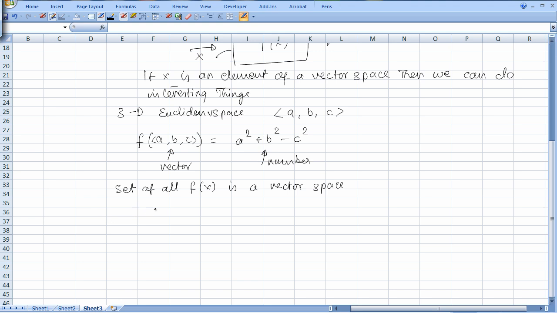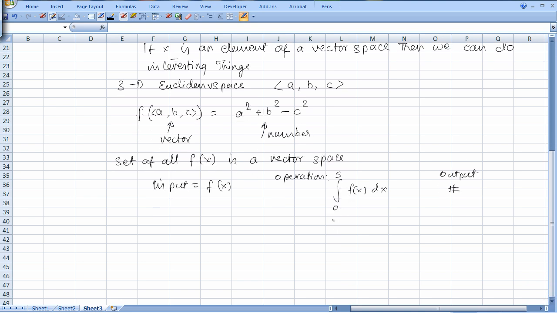Given function, input equal to f of x, operation is integral of f of x dx from 0 to 5. So the output will be a number. Okay. Now this integral operation, integral 0 to 5 of something, this one is a function of a vector.